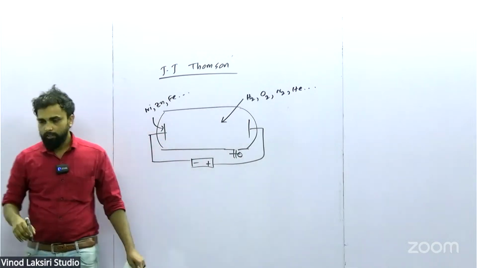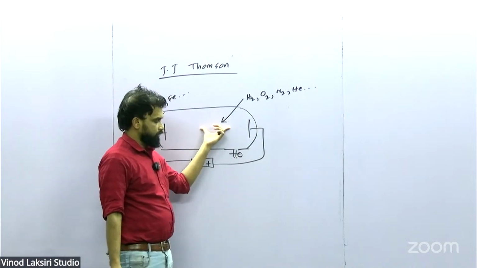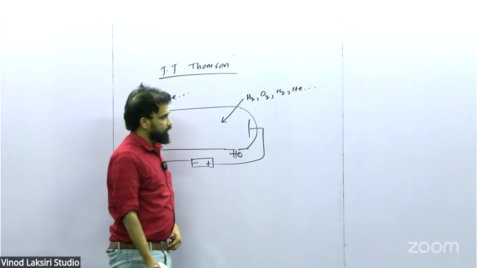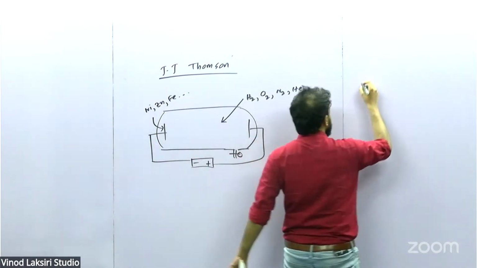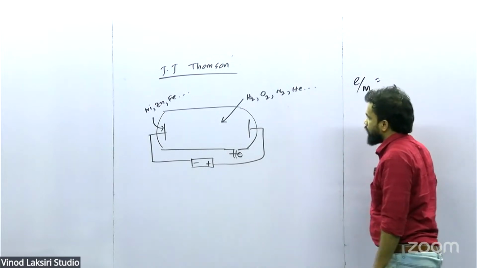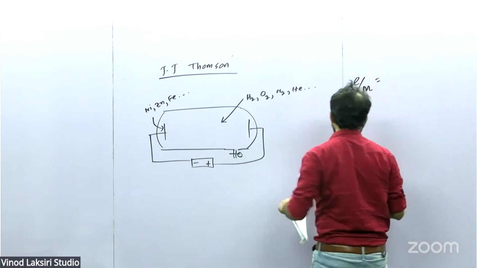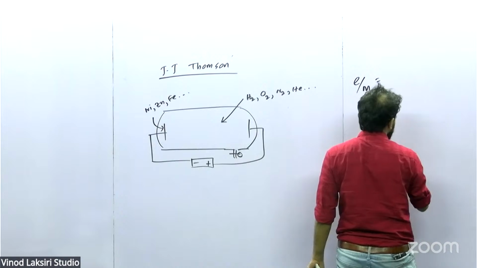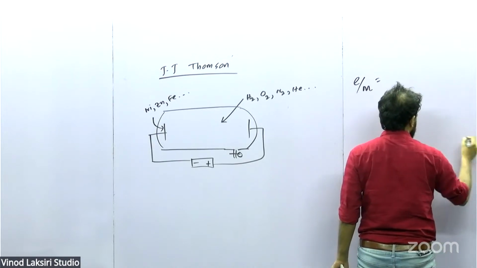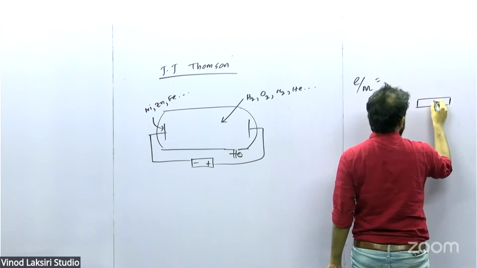By changing the material of the cathode and the gas inside the tube, the cathode ray experiment was carried out. Then he determined the e divided by m value in each case. How did he determine the e/m value? Last week I told you about the magnitude of the deflection. There is a screen, and think of a magnetic field.